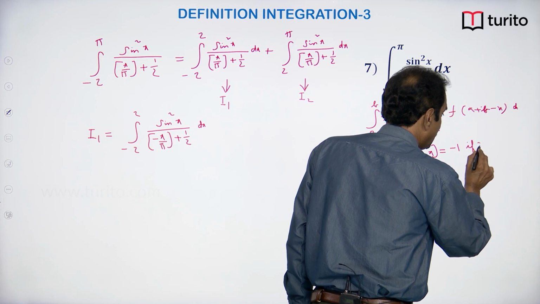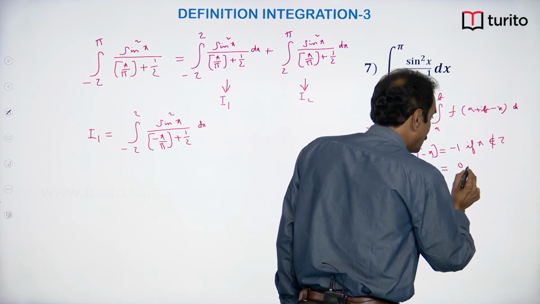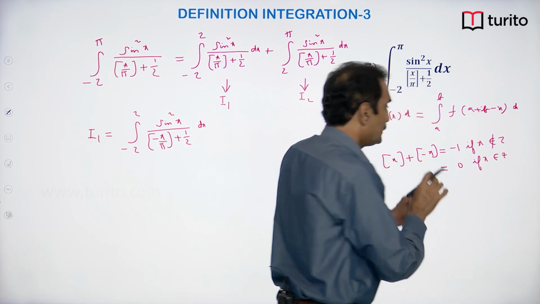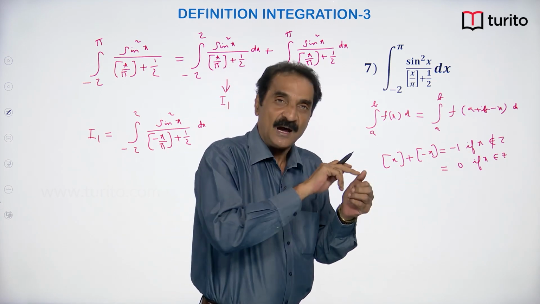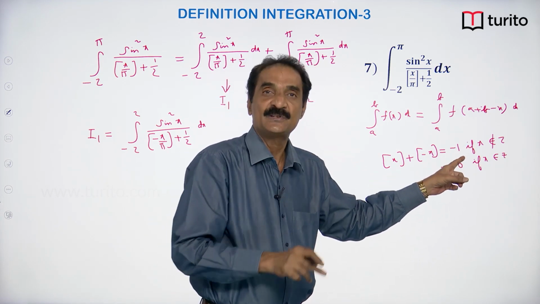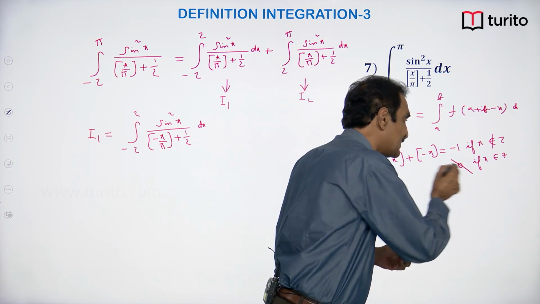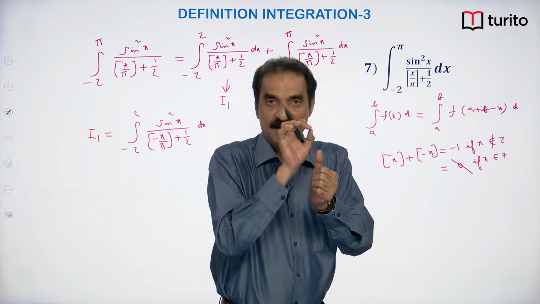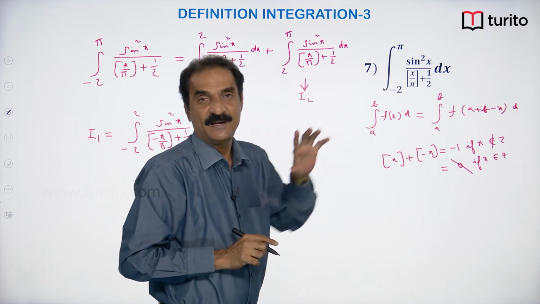It is 0 if x is an integer. So only at finite number of points at integral values it is 0, otherwise for all other values continuously it is minus 1. So I will ignore this definition because it is happening only at finite points. So its uniform definition is minus 1.